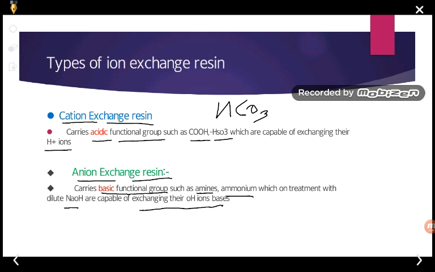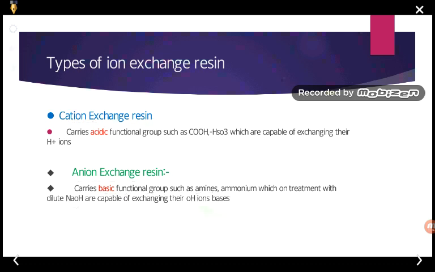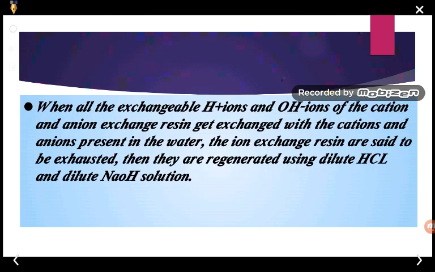So in case of cation exchange, they are capable of exchanging the H plus ion, and anion exchange resins are capable of exchanging the OH minus ion. So these are the two types of ion exchange resins which are available.